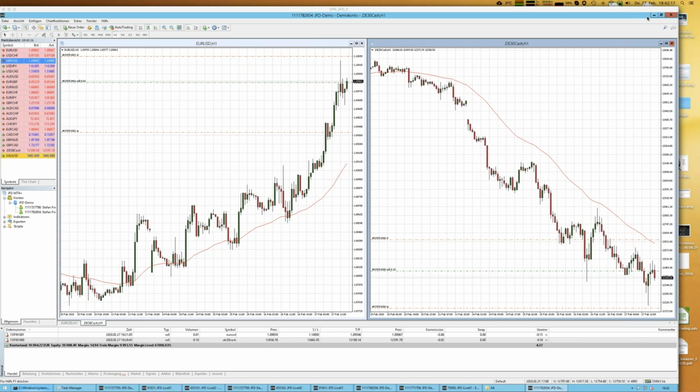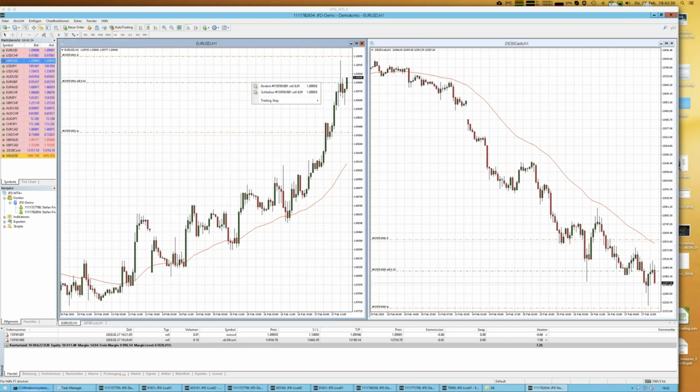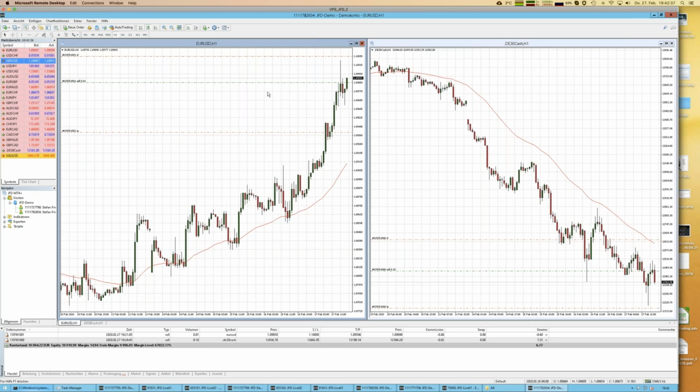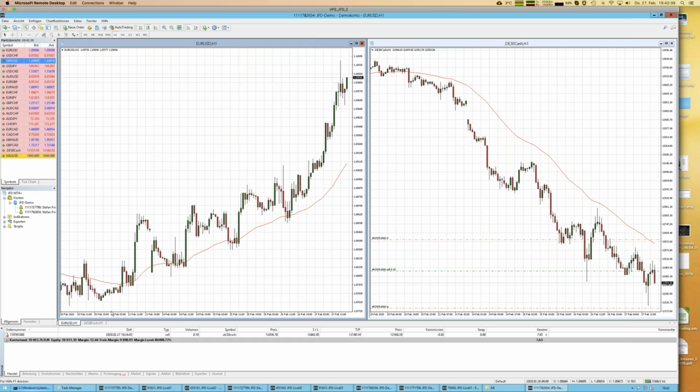My Euro US dollar trade is slightly minus, but my DAX trade going short is positive. And just so you see how easy it is to close those trades directly out of the chart, for example, just a right mouse click on the green line, close, and the trade is gone. You directly see in my terminal window the trade is closed.